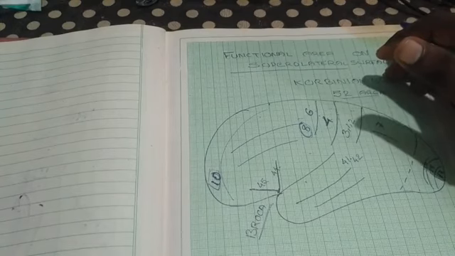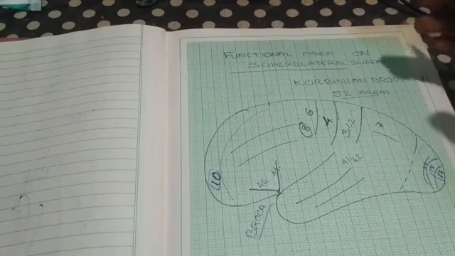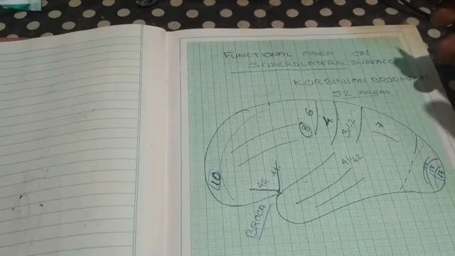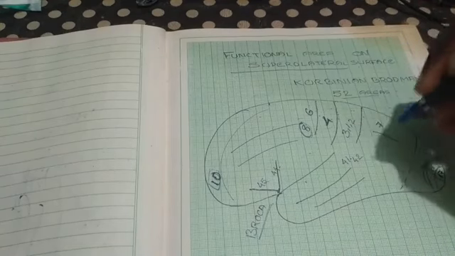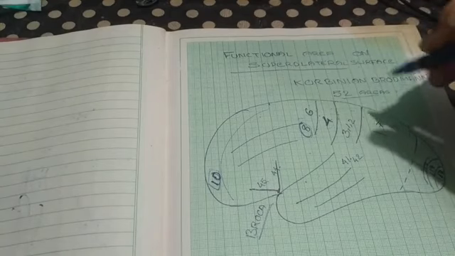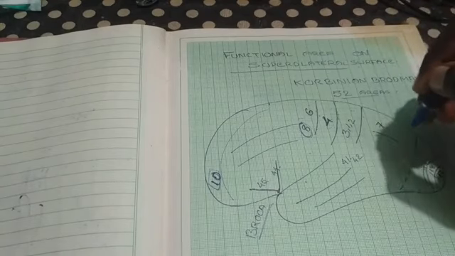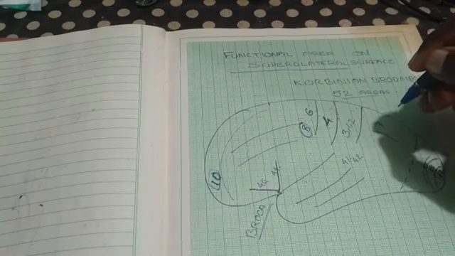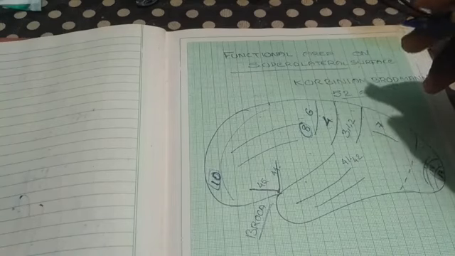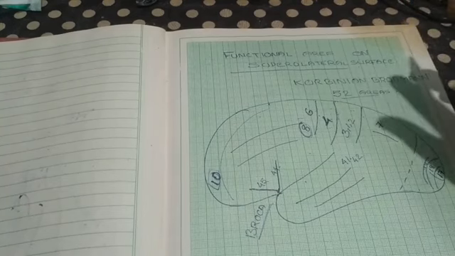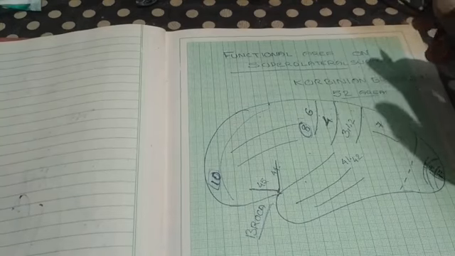This area is otherwise called the auditory area. This area is responsible for hearing. When a lesion occurs on this area, that may cause impaired hearing.